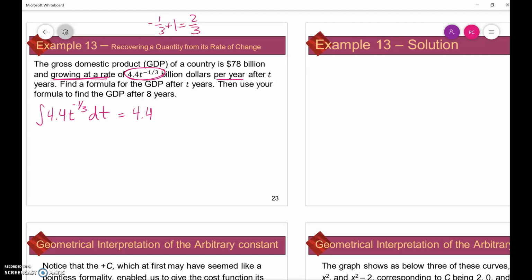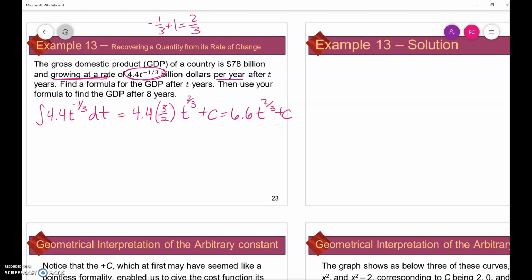So remember, it's 1 over 2/3 or 3/2 t to the 2/3 plus c. Right? If you multiply 4.4 times 3 over 2, we end up with 6.6 t to the 2/3 plus c. Now remember, we can't just leave the arbitrary constant there. We've got to go back and solve it.